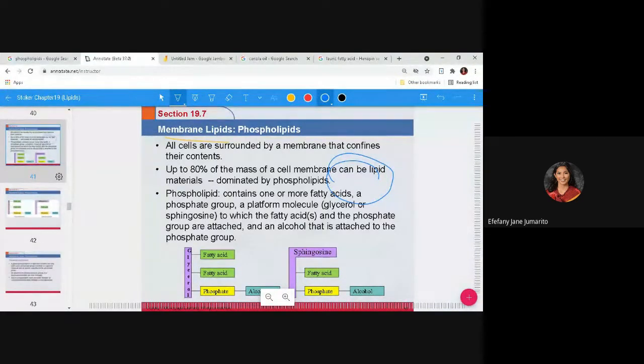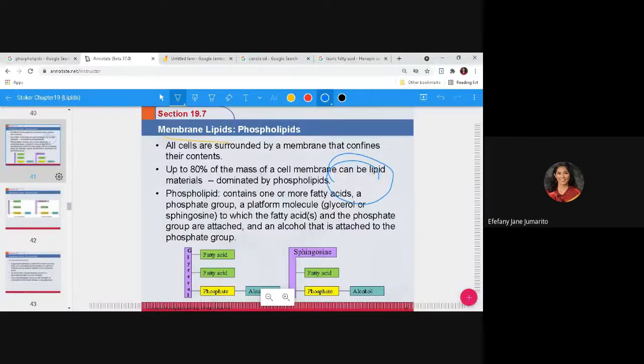The smallest unit that can live on its own. A cell is the basic unit of life, the smallest unit.